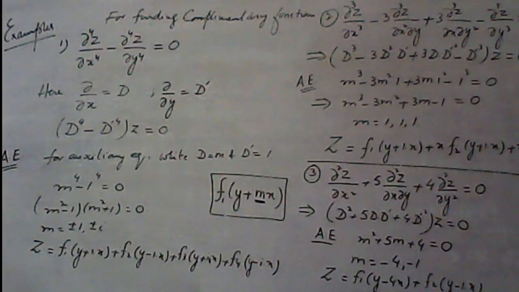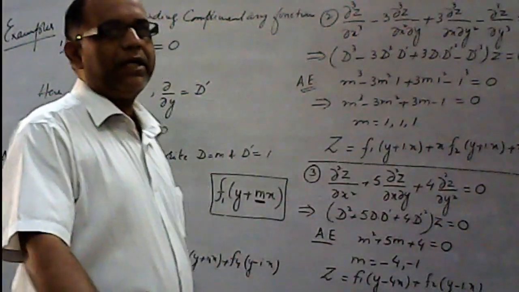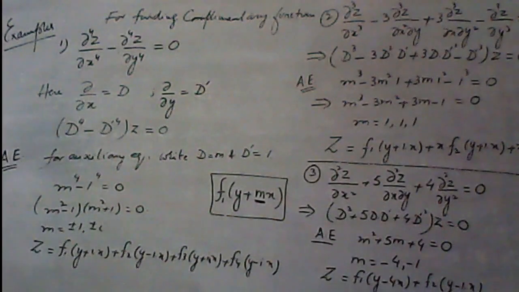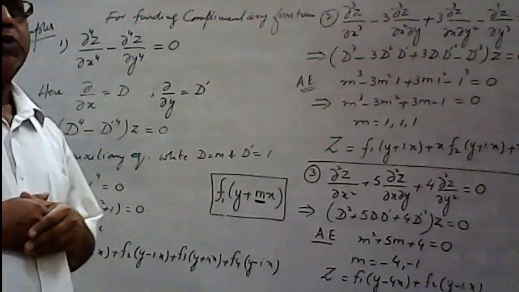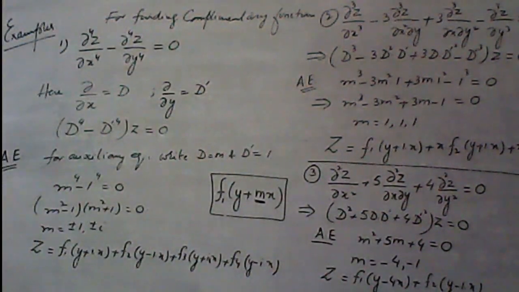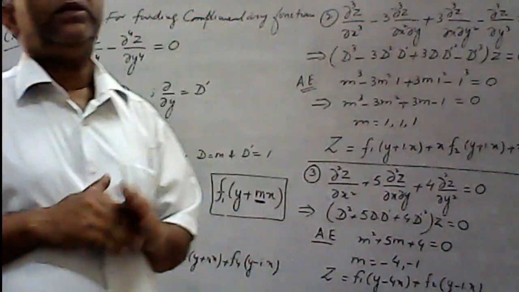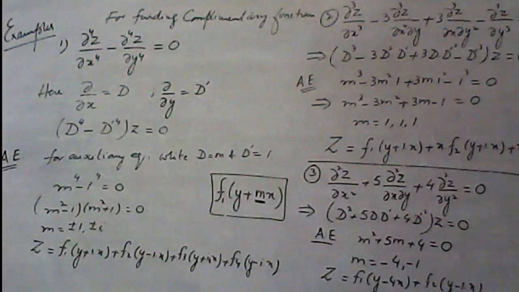So we are starting with finding the complementary function. I started with 3 examples whose right hand side is 0. As far as the solution method is concerned, as we discussed, higher order ODEs are always solved by using the operator D method. The same thing applies here. Higher order PDEs are also solved by using the operator D method.